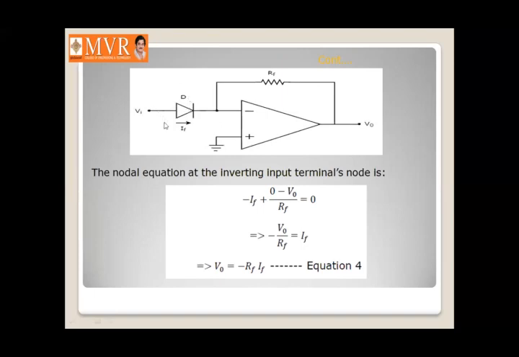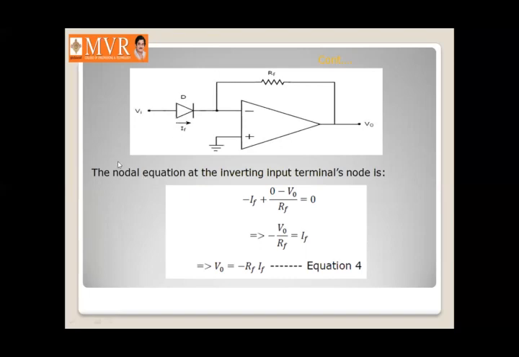The diode is connected between the input signal and the inverting input, we provide the feedback through resistor RF, and we make the non-inverting terminal grounded.